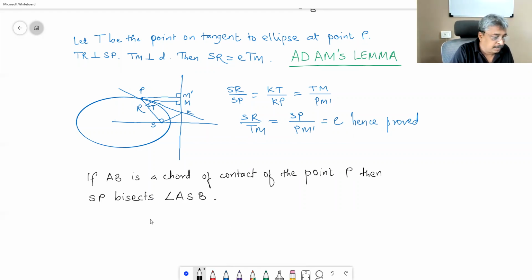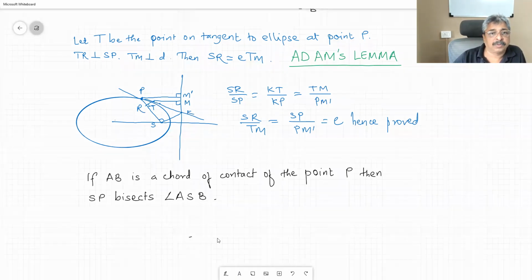So, diagram. AB is a chord of contact of any point P. That means P is away from the ellipse.